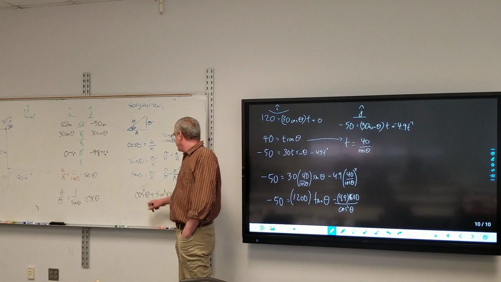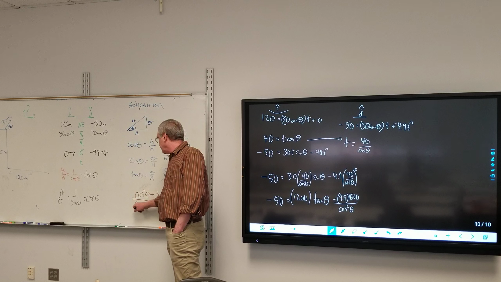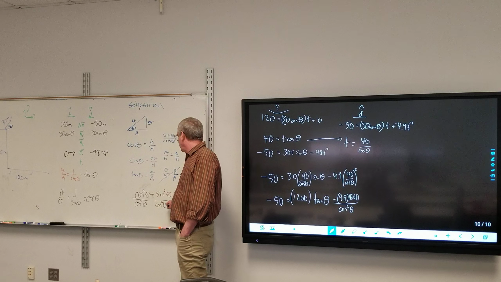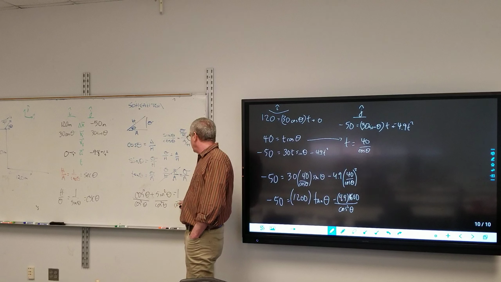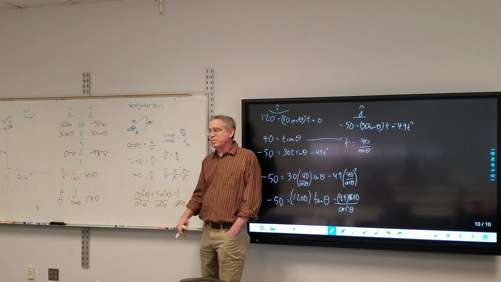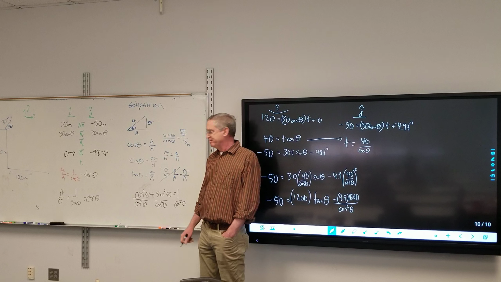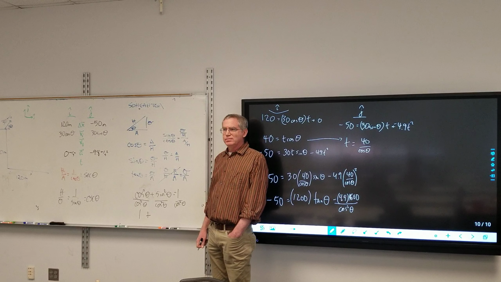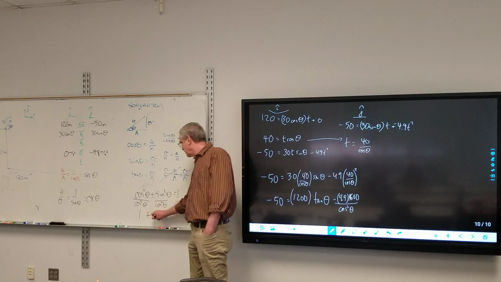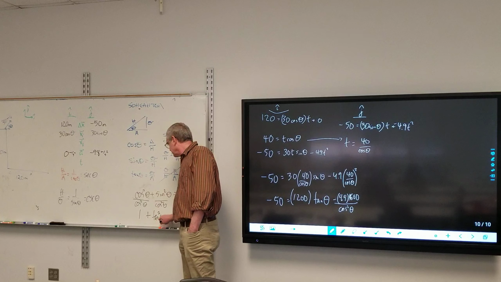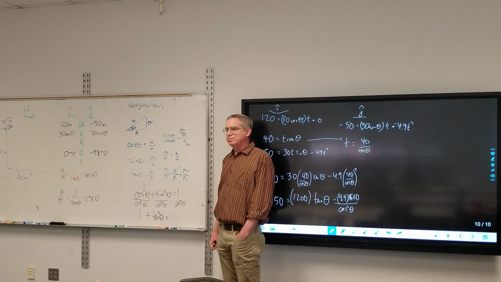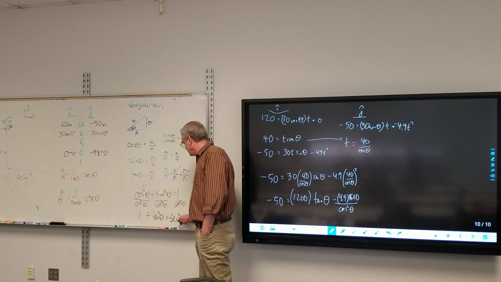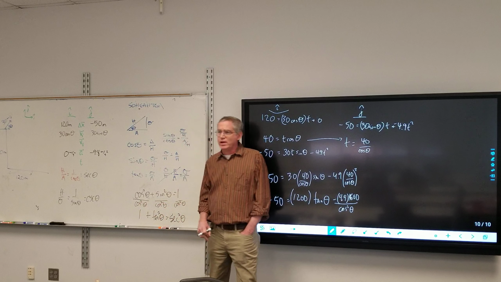If I divide everything by cosine squared theta, well, cosine squared divided by cosine squared is 1, then sine squared over cosine squared is tangent squared, and 1 over cosine squared is secant squared. So secant squared theta is just 1 plus tan squared theta.